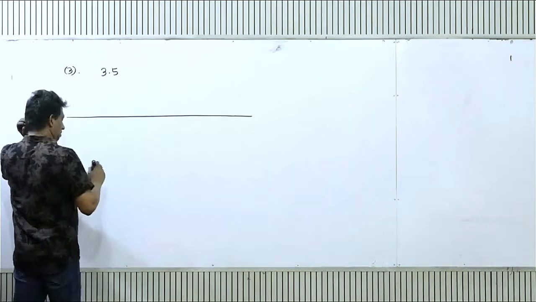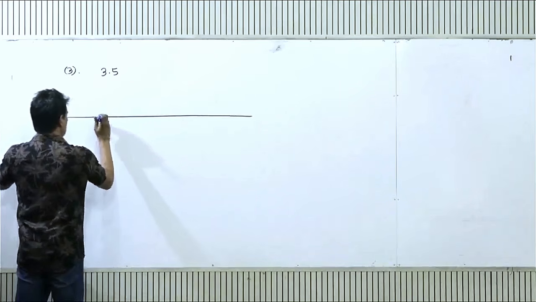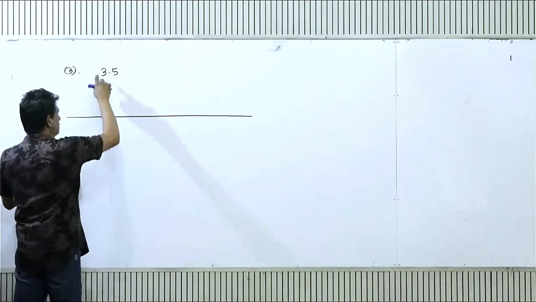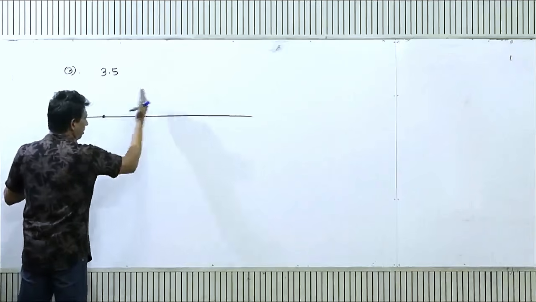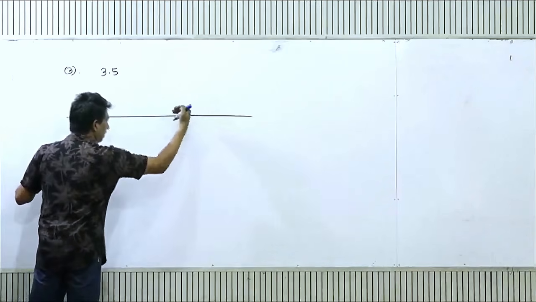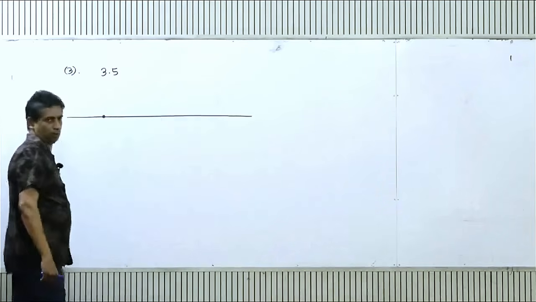First we have to draw a straight line and mark a point on this, with a very small circle around this point. Then this is positive 3.5. That means that point should be on the right hand side of this point, and it should be on this straight line, right?